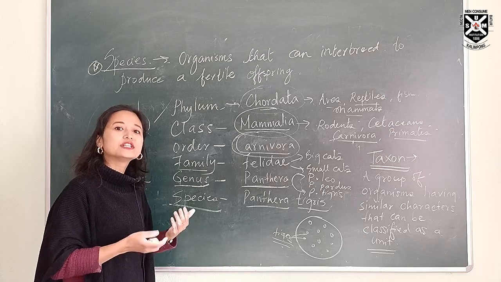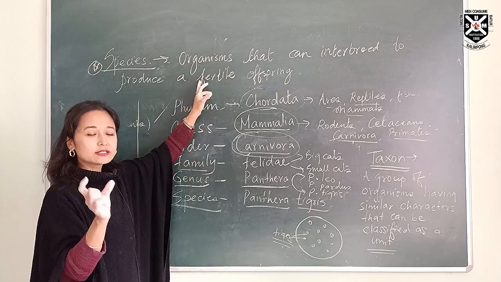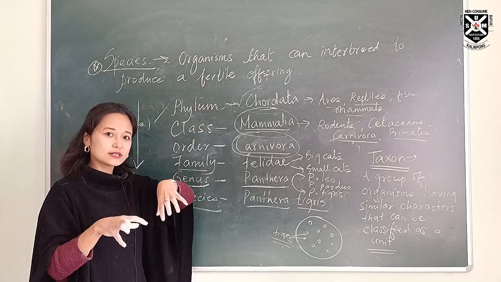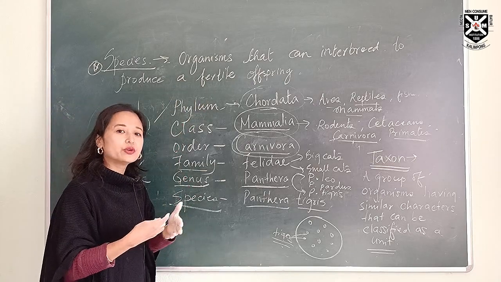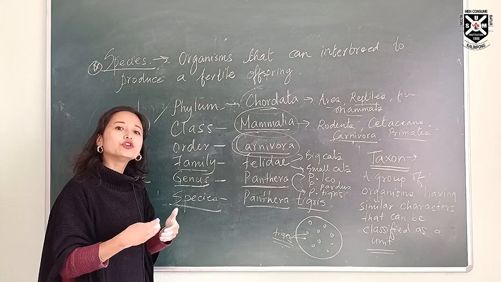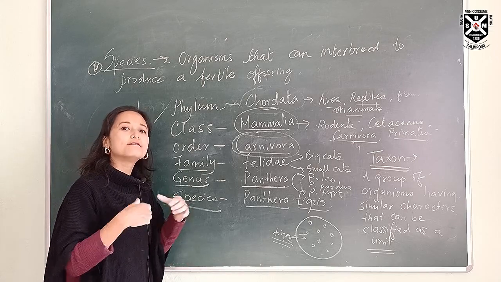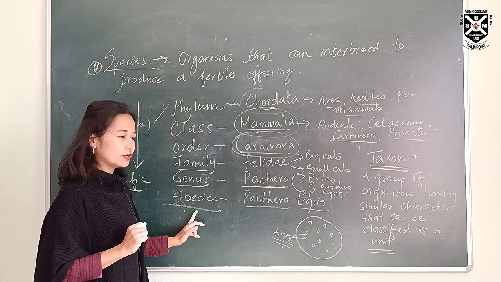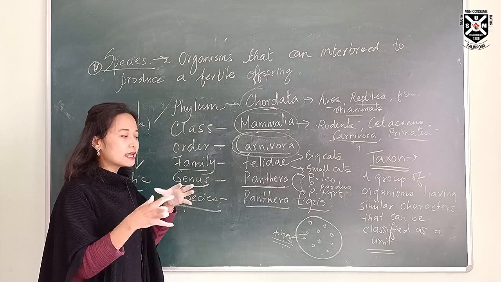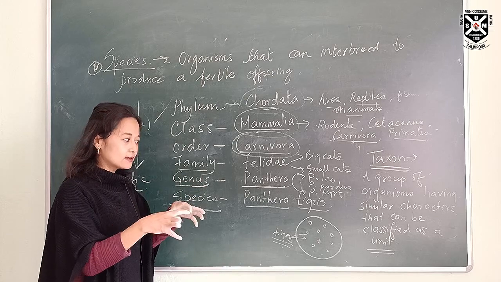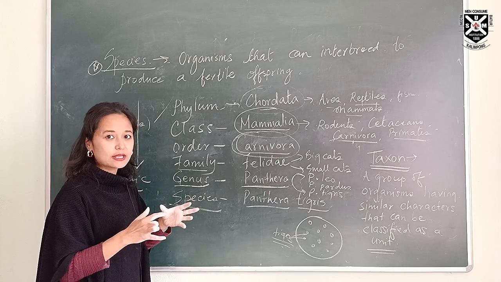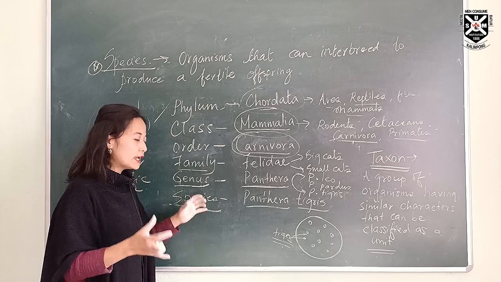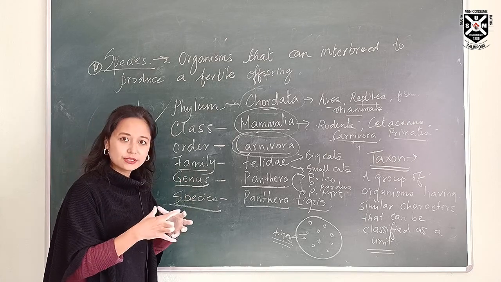So the correct definition of species is organisms which are similar, can interbreed amongst themselves, and produce fertile offspring. All the tigers can interbreed amongst themselves and produce offspring of their own kind. Therefore they are regarded as a species.